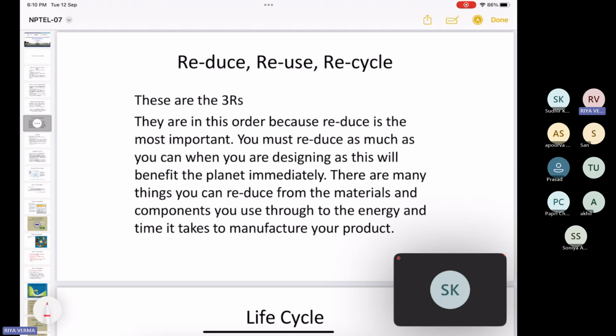And after that, if we go towards the end of life, or the end of use phase of any product, if we can't use it any further, then we should try to recycle that product. So that is how we can reduce the emissions and also the carbon footprint or any other waste load on the environment.